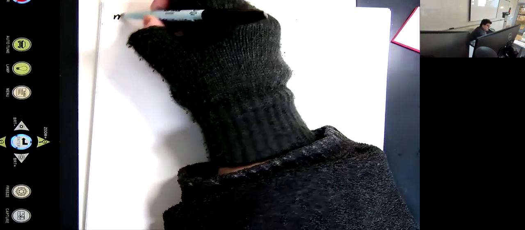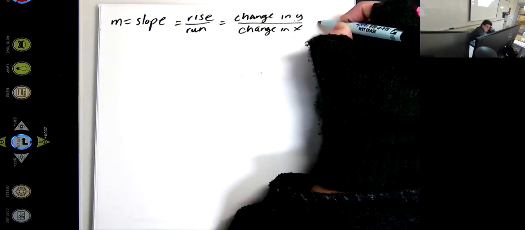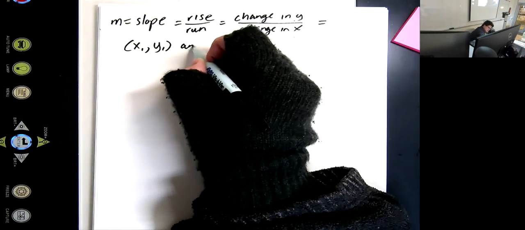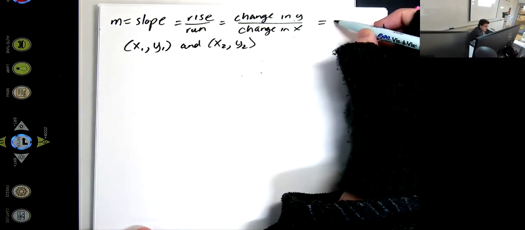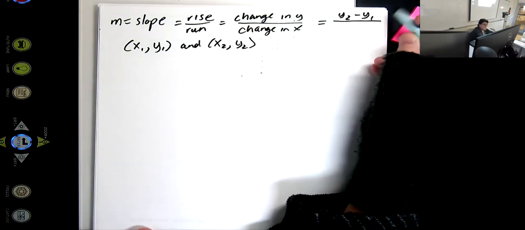All right. Let's look at some more stuff with slope. We said it was rise over run, and I told you change in y over change in x. I said this before. If we have 2 points, x1, y1, and x2, y2, a change in y would be subtracting them: y2 minus y1.